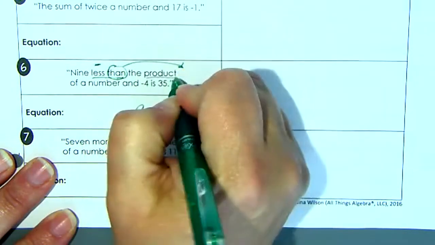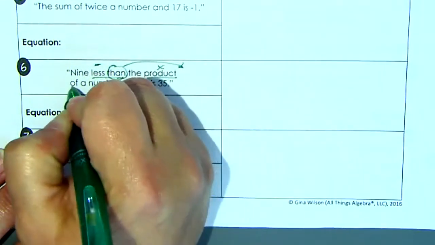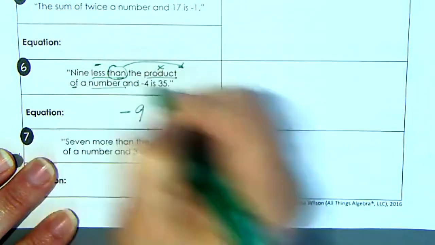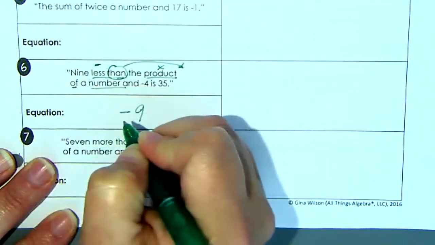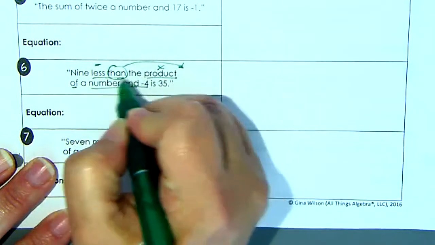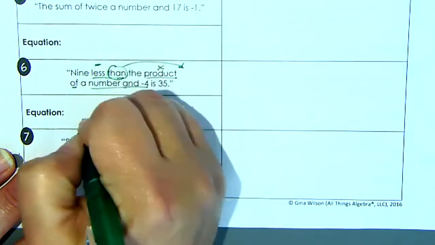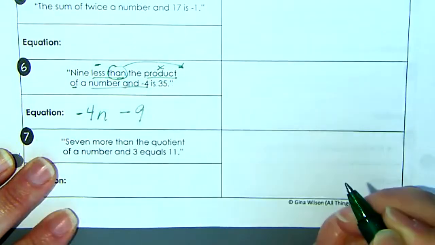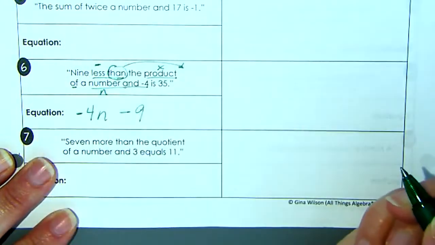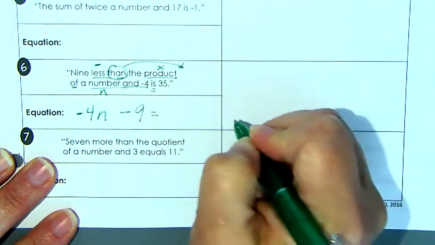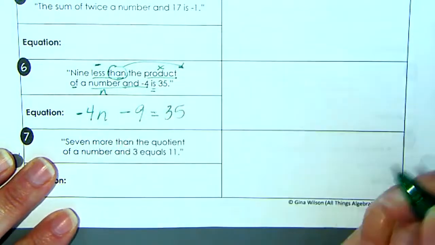Then it says the product. So that means multiplication. Of, so another key word, of means a number. So I'm going to have -4 and a number. When I'm writing multiplication, I always write the number in front. So it's -4n. N for the number. Is equals 35.